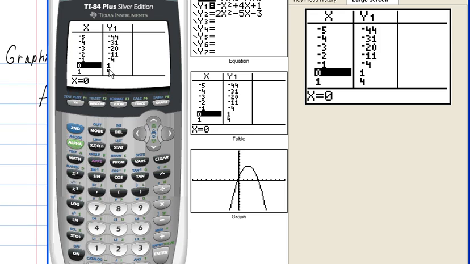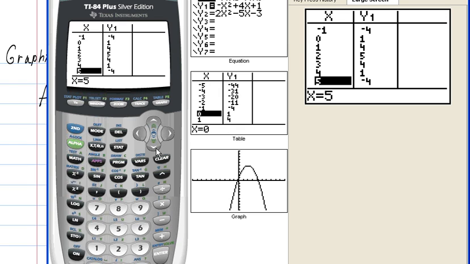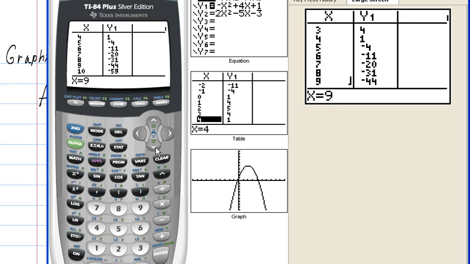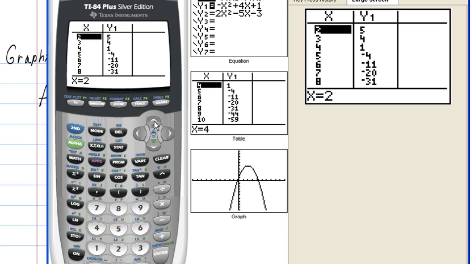Now x-intercepts are values where 0 is in the y position. Let's investigate this table and see if we see any spots where there's a 0 in the y position. Well, I don't see anything there. That tells me that they're not nice exact values, that there's going to be some decimals involved, and we need to find them exactly using this feature, which is going to be under calc, which is 0.